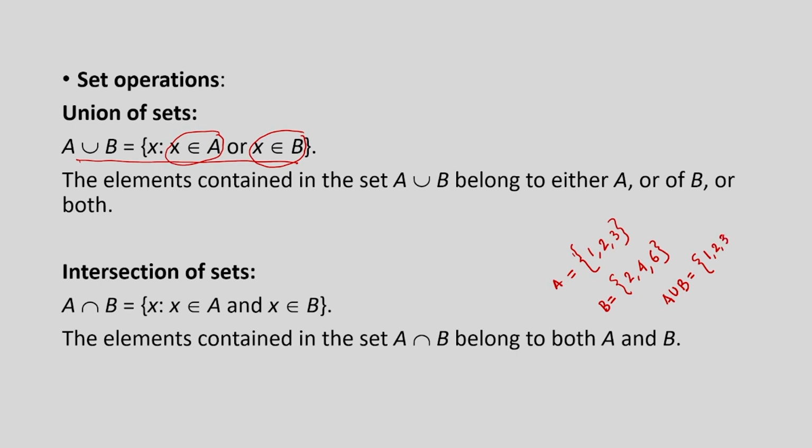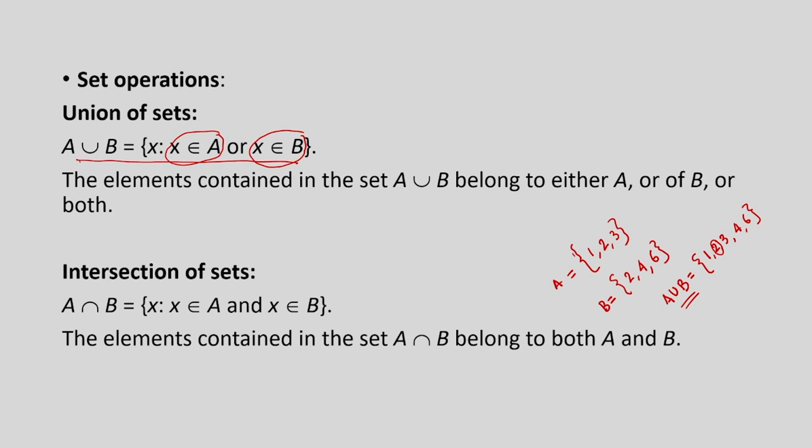So, these are the elements from A, and what are the elements from B? 2 is there, but 2 is already there in A. So, I do not have to write that again, I just write the other elements which are not part of A, but part of B. So, here you see this 2 is an element which is there in A as well as B, and that will be part of A union B. Okay. I guess that is not very difficult to understand. When we take the union of two sets, then any element of this new set belongs at least to one of the sets.